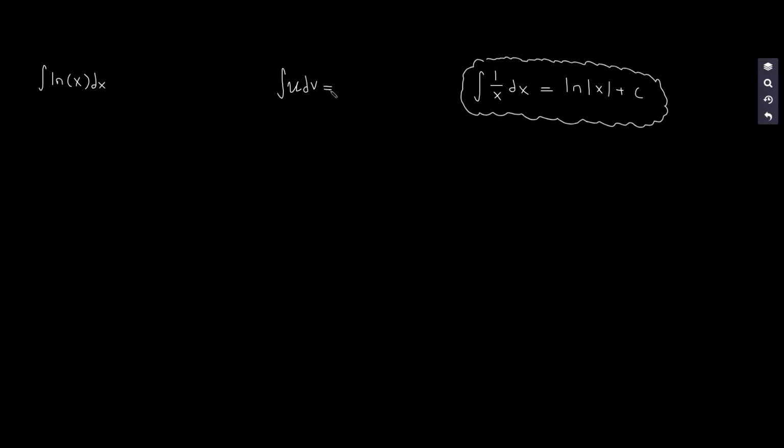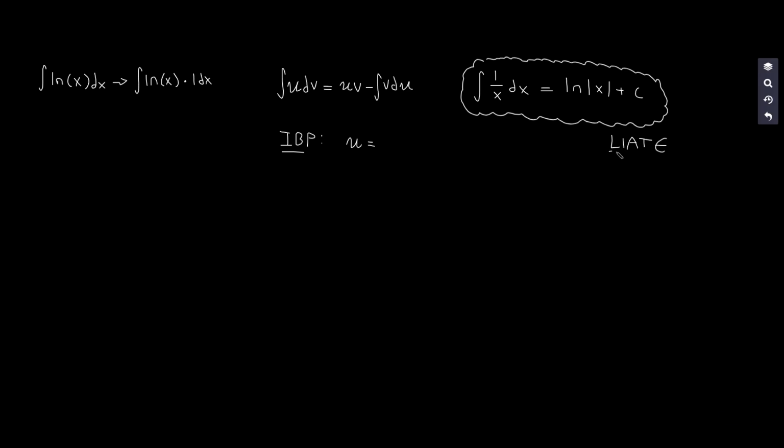So we need to assign u and dv, and the formula goes ultraviolet, super voodoo. To assign u, we need to look at this, and we could address this using LIATE. It looks like there's only one function there, but it's not one function, because if you break it down, it's the indefinite integral of the natural logarithm of x times 1 dx.